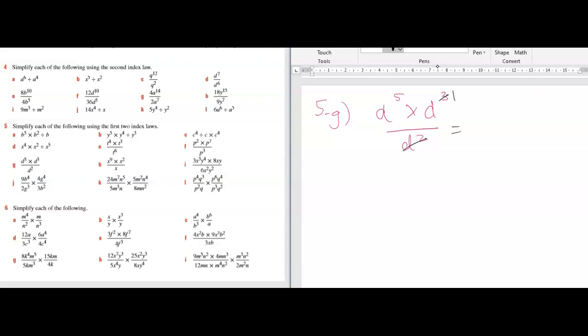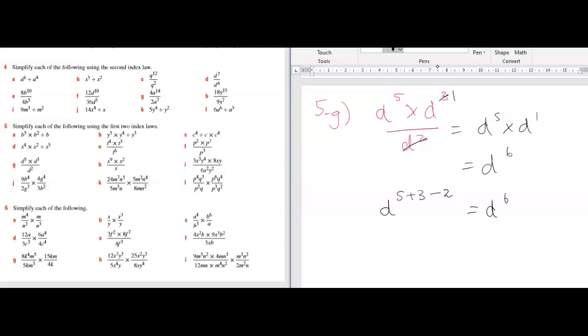So effectively now we've got d5 times d to the power of 1, which just gives you d to the power of 6. But if you wanted to, you could write d5 plus 3 minus 2, which also gives you d to the power of 6.